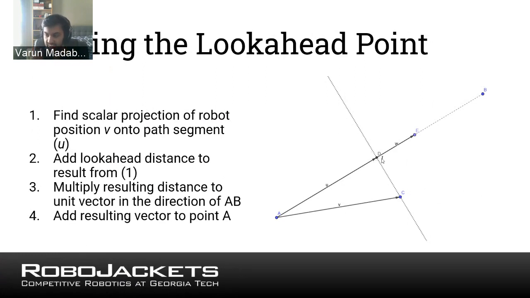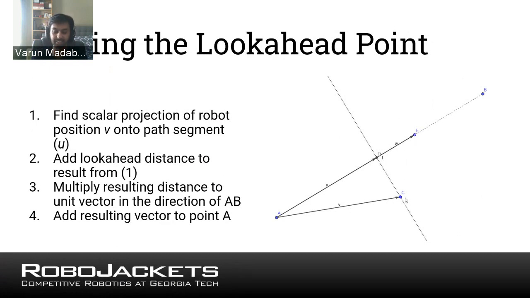So now that you know the length, the distance from A to D, we want to add the look-ahead distance, which is the distance between the robot and the look-ahead point here. And look-ahead distance is a value that you can specify, just like in PID where you have to tune the PID loop. For pure pursuit control, you want to tune the look-ahead distance.